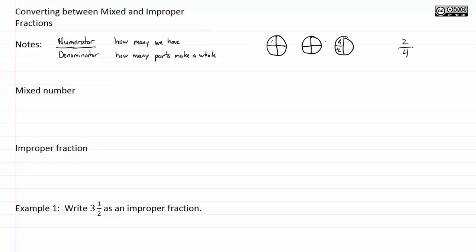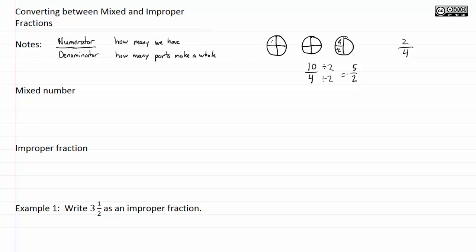If I wanted to make this picture here an improper fraction, it's 10/4. So we're just saying how many parts we have and how many make up a whole. Now a lot of times if we have something like 10/4, we'd reduce that by dividing the top and bottom number by something, 2 in this case. And there would be 5 halves.